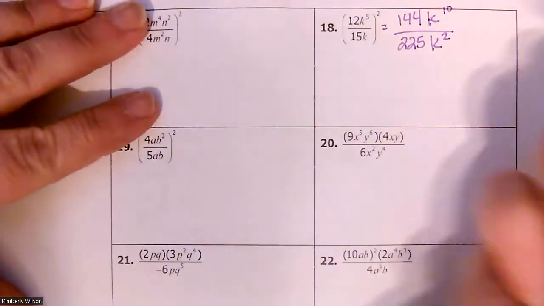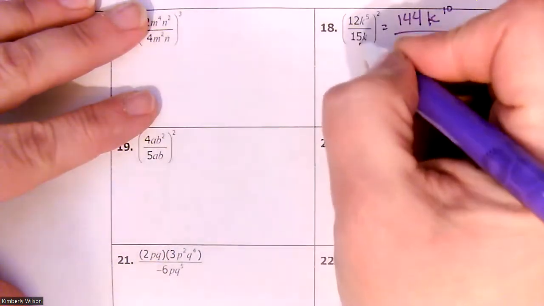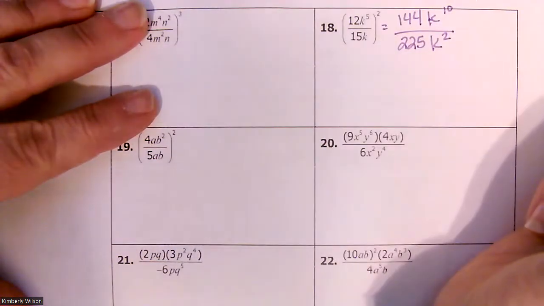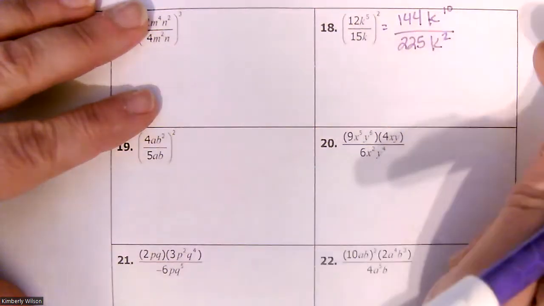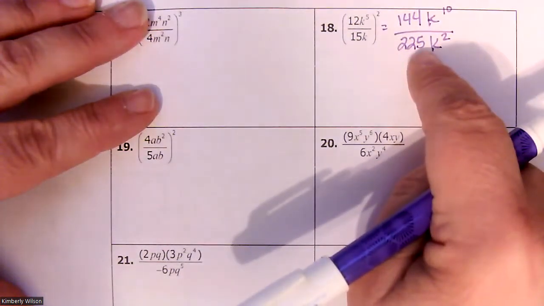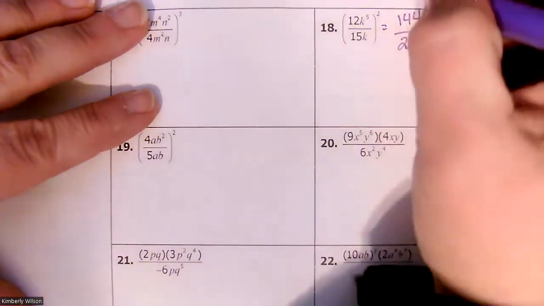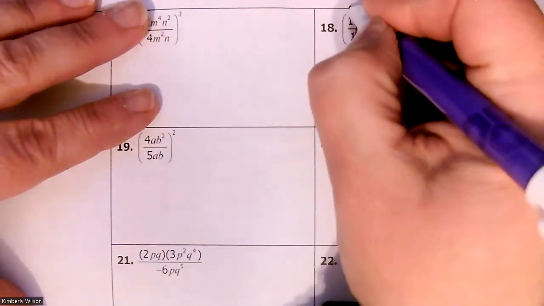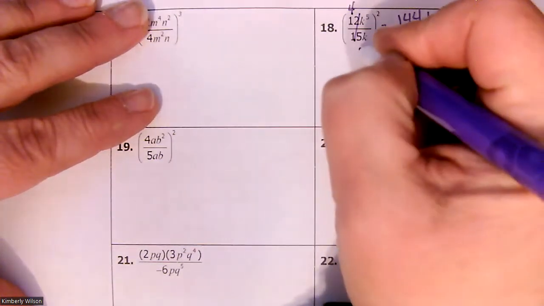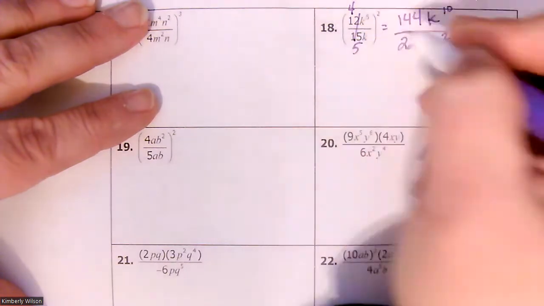Now I do want to try something and see, what if I simplify this inside of here first? Do we end up with the same thing? Well, 144 and 225, I can divide both by 3, so this is going to become 4, and this is going to become 5.